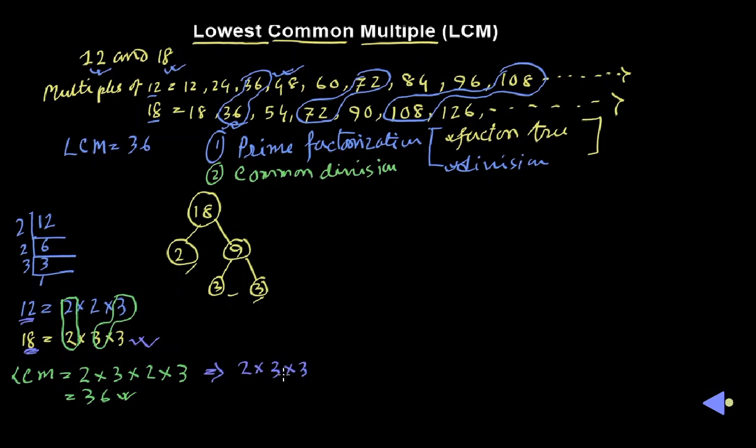So we have to take the 2 from 12 to get the LCM of 12 and 18. The rest of the things come from 18. So it is again 36.